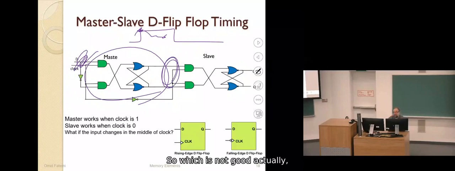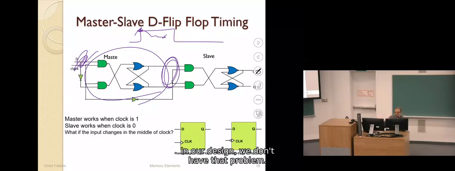This is not good, because we wanted the data to come inside, do something with that data, and then the next data goes inside, like the incrementer. So we don't want to change the state of the master when the clock is high. The master will be changed, and then when the clock goes low, it will appear in the output.